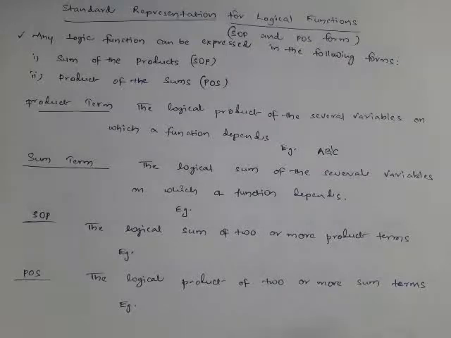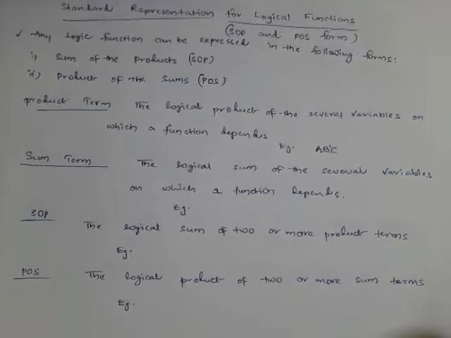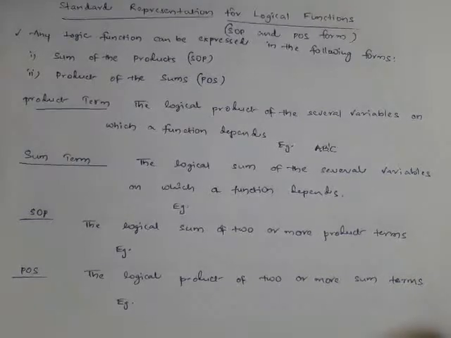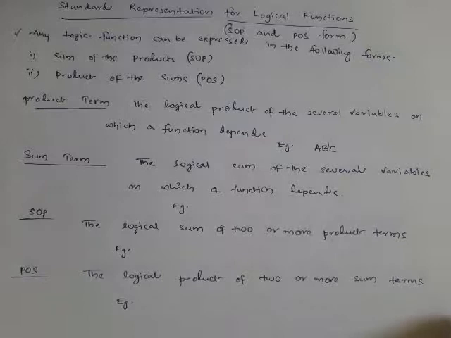And similarly, we have one more term to define. It is called sum term. So sum term is similarly the logical sum of the several variables on which a function depends. So here also the variables on which the function depends are logically summed.